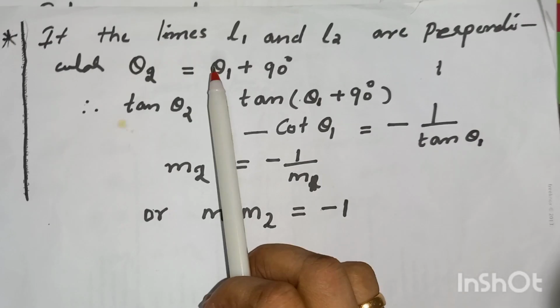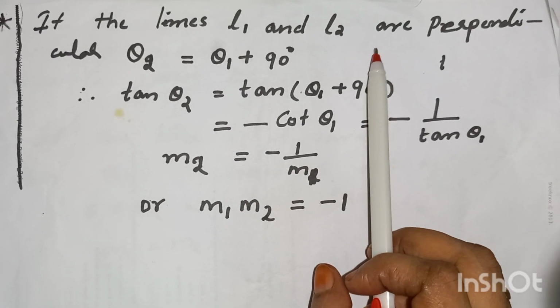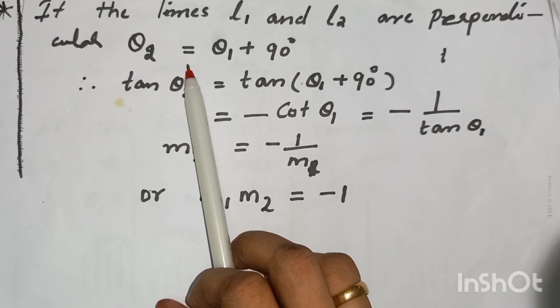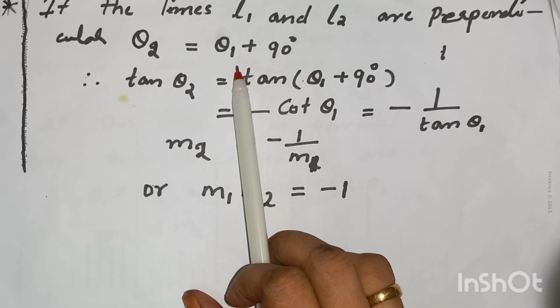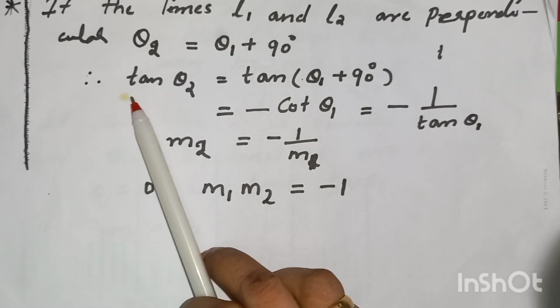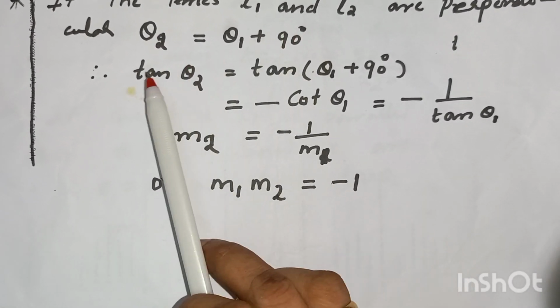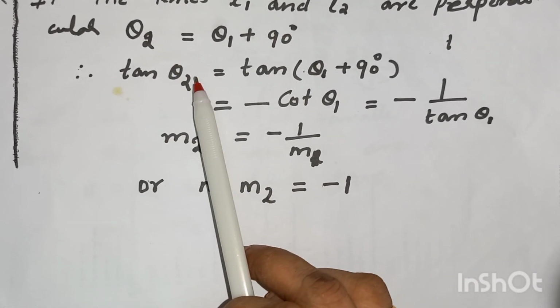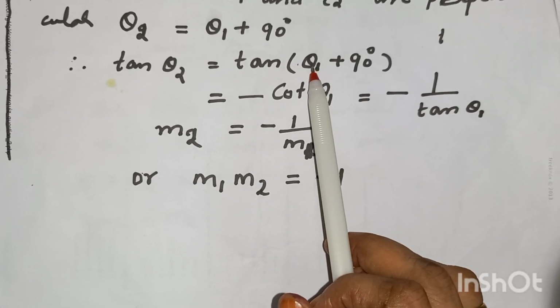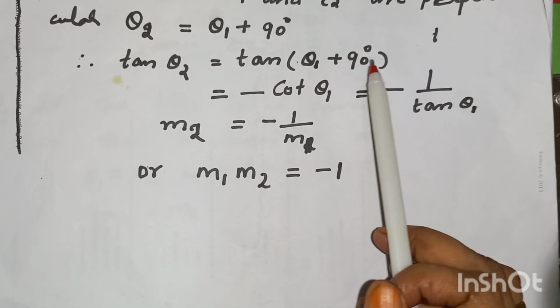If the lines L1 and L2 are perpendicular, theta 2 is equal to theta 1 plus 90 degree. Therefore we take tan on both sides, so we get tan theta 2 is equal to tan of theta 1 plus 90 degree.